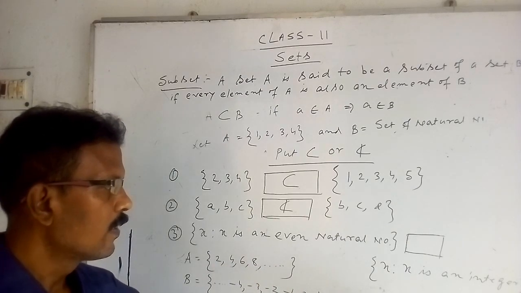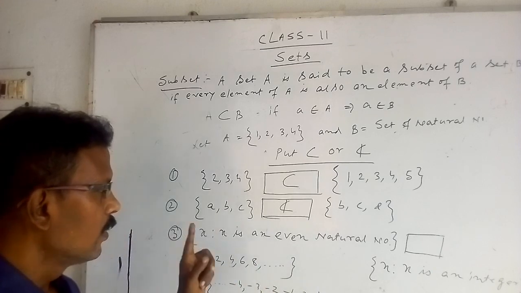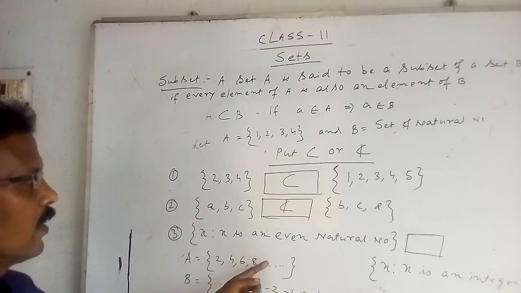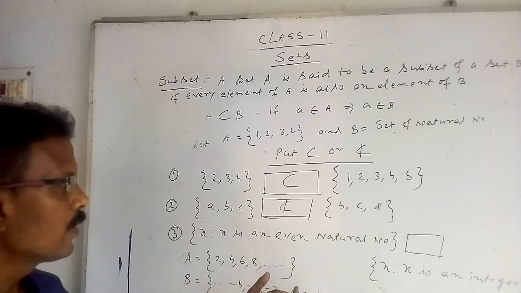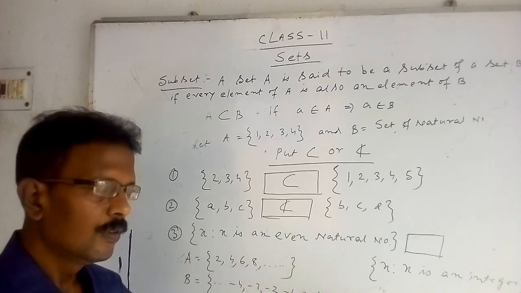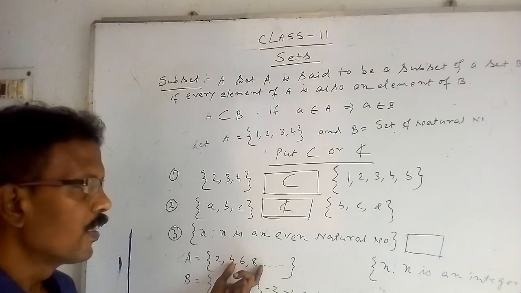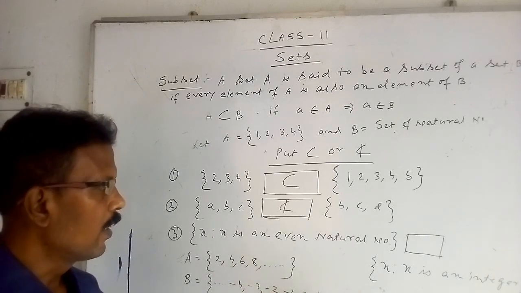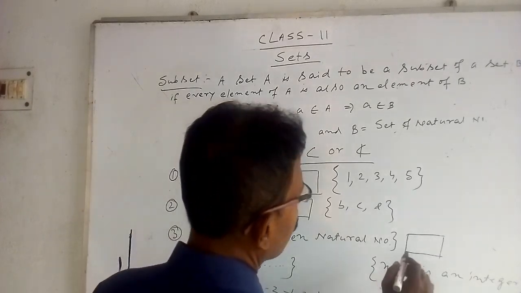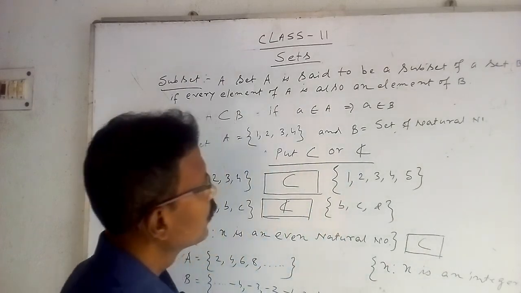Every even element, 10, 12, every element belongs to the second one. There is no doubt. Therefore the first set is obviously a subset of the second one. So put this sign here.